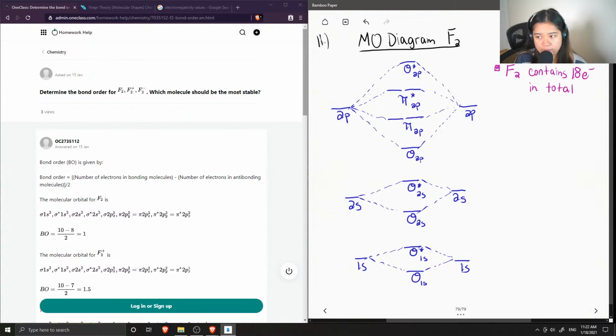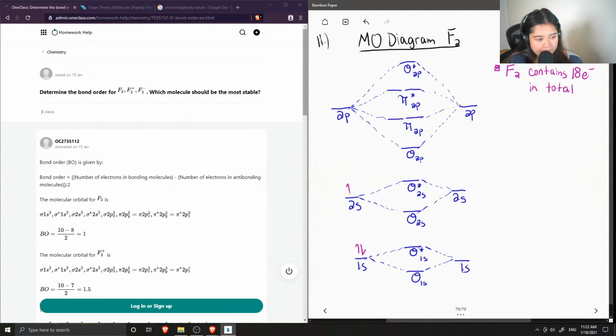So 9 of them come from one fluorine, and then the other 9 come from the other fluorine. So if I were to fill in all of the electrons, you can think of the left and the right sides, like the 1s, 2s, and 2p, just to be like a separate fluorine atom. So if I were to fill in that orbital filling diagram and put the electrons in, I can put the 9 from this.